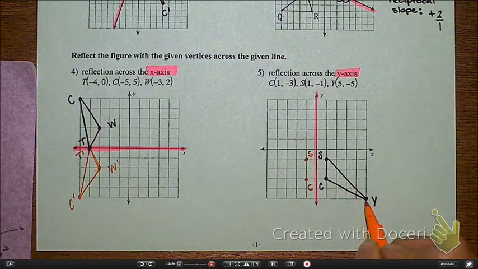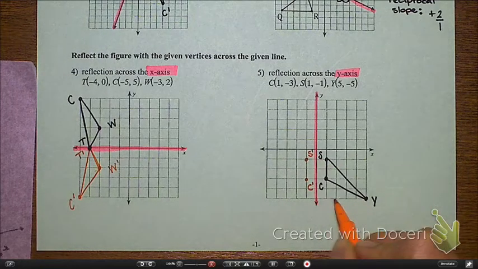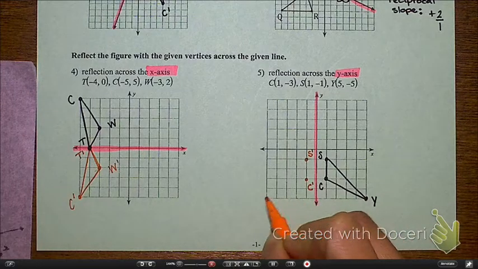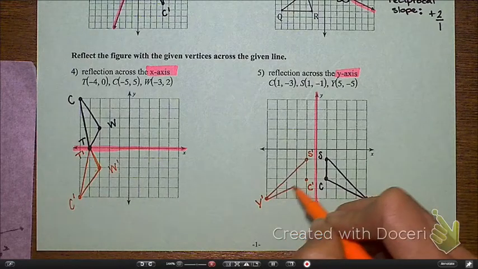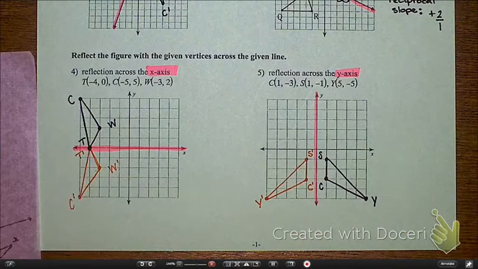And for point Y, it's 1, 2, 3, 4, 5. 1, 2, 3, 4, 5. Does that make sense how we got the answer there? Yeah? Okay. Any questions on that so far?